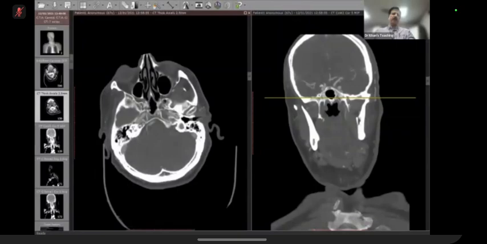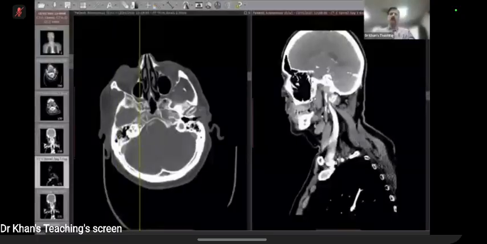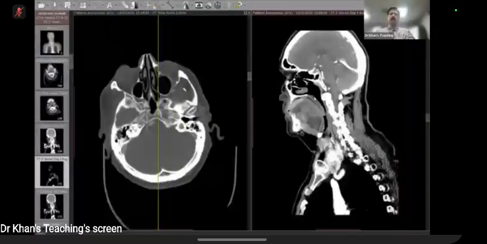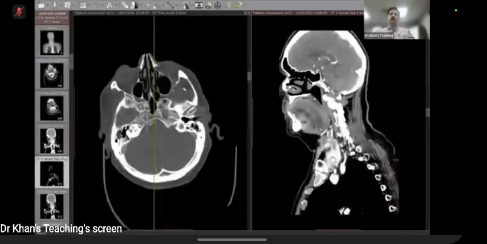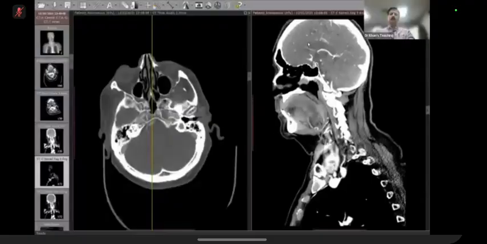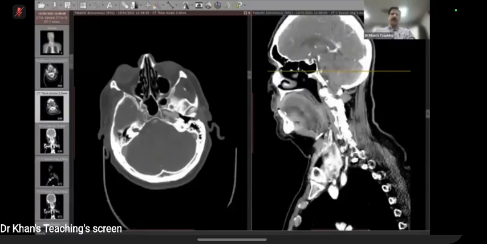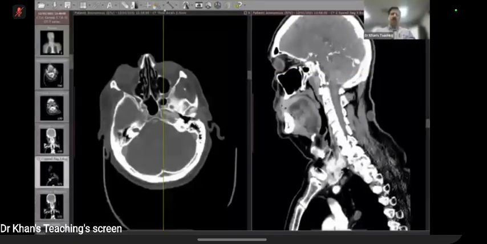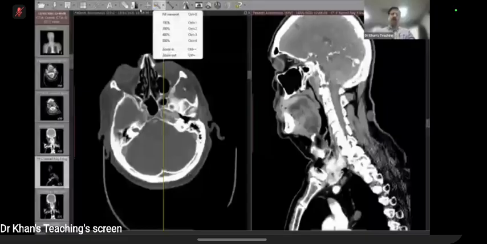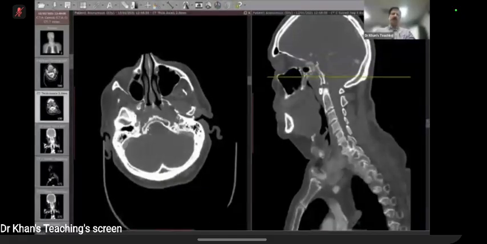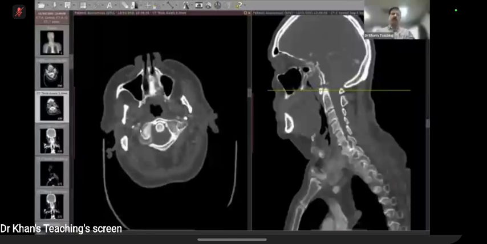Let me put in a sagittal there instead of a coronal. Now, our aim is, let me change the window here to bone window. Now, our aim is just to see the vessels through the carotid canal.